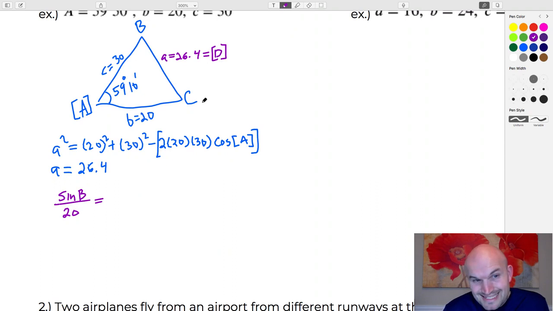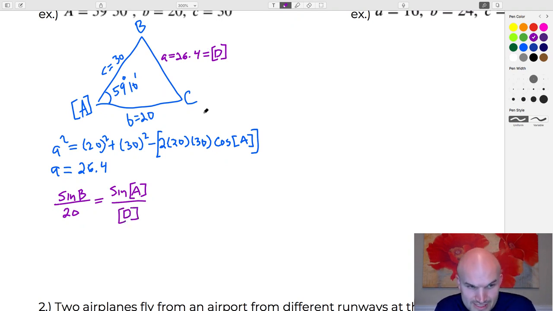So I'm going to store this as D. All right. So anyways, we have sine of B over 20 is equal to the sine of A, which we've already stored. That's why I can't use that as A, all over D, which is also stored, which is really the lowercase a.